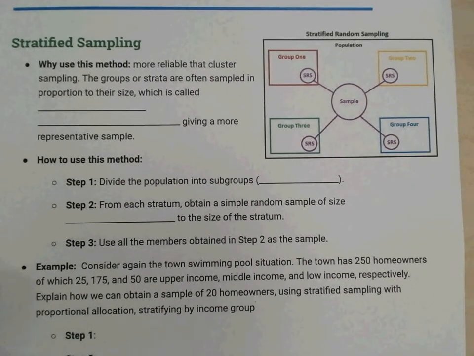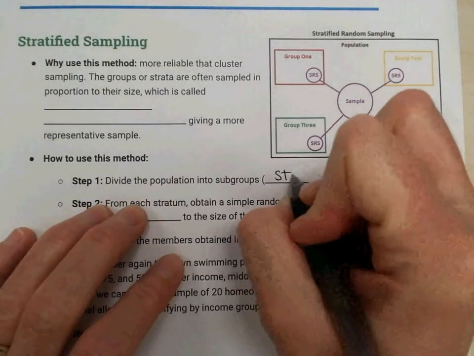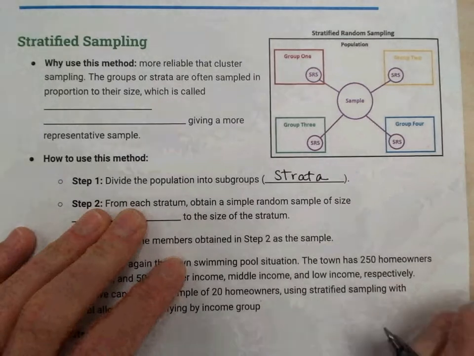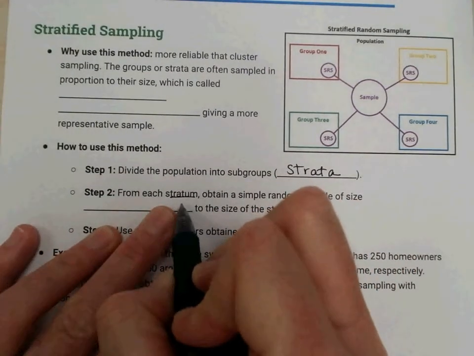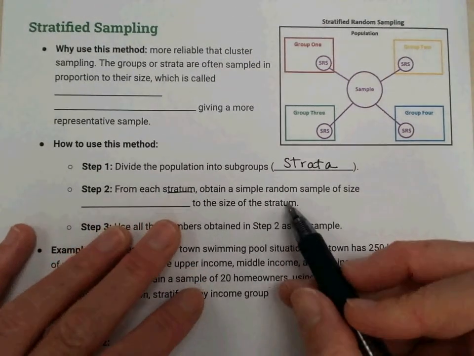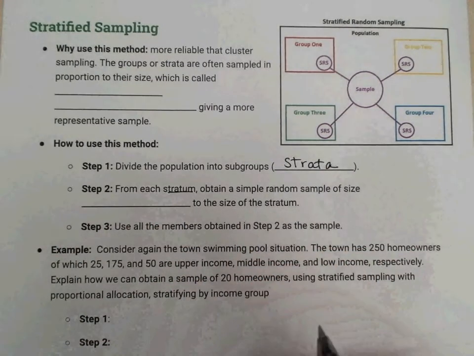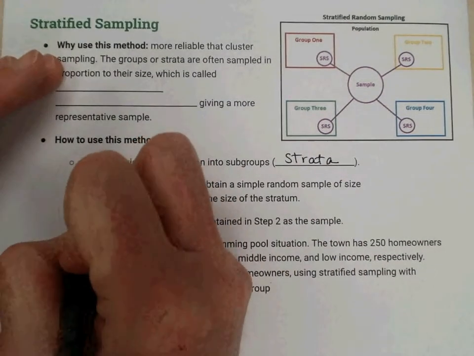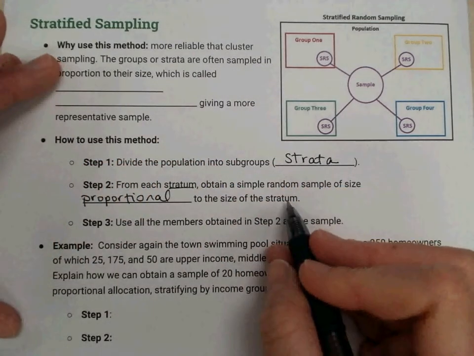So stratified sampling, similar to cluster sampling, we break the population into subgroups, and this time we call them strata, for stratified. And for each stratum, notice that's the singular, that's the plural, obtain a simple random sample of size proportional to the size of the stratum, right?